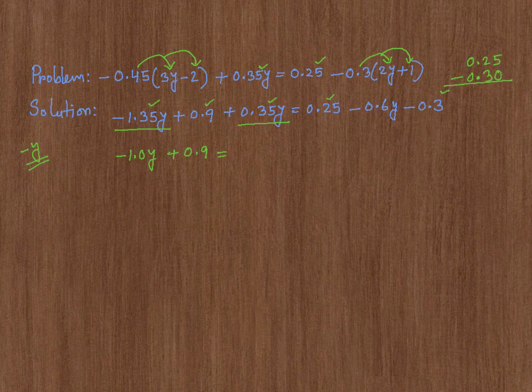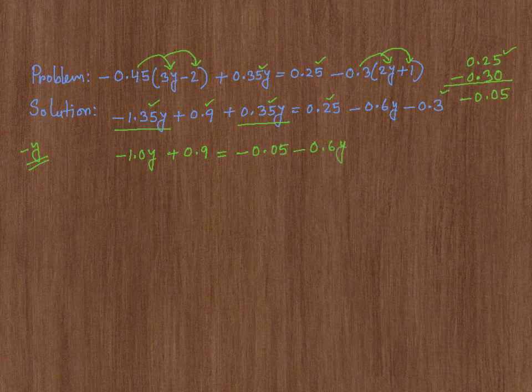I need to put a 0 next to it so that I have two digits after the decimal, because I have two digits on the top one. So from 0.25, if I subtract 0.30, I get negative 0.05. That's what I'm going to get here, negative 0.05. And then I have the negative 0.6y.